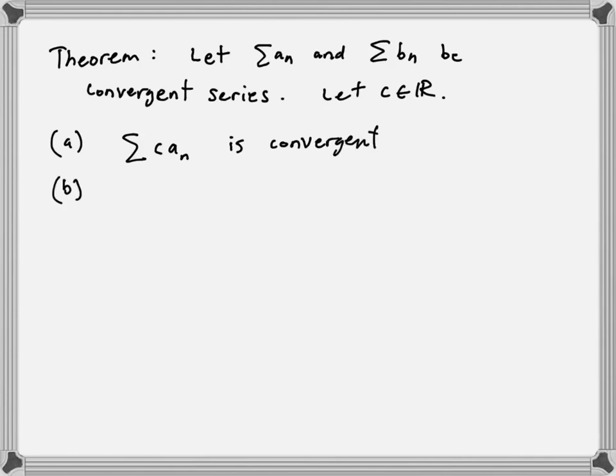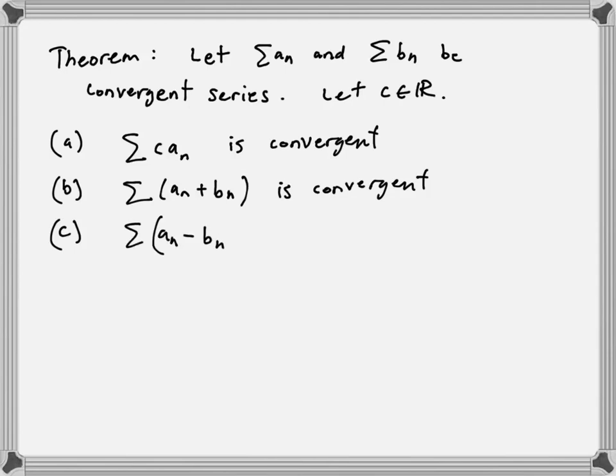Second part, if you add the two series together, it's convergent. And third part, if you subtract, it's also convergent. And not only can we say that, but we can even say what they converge to.